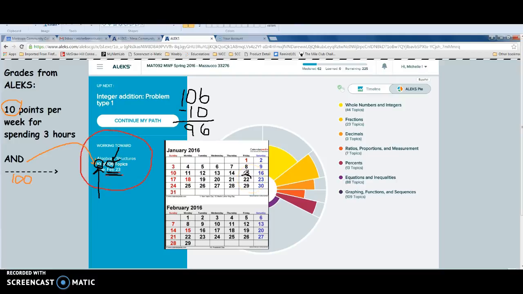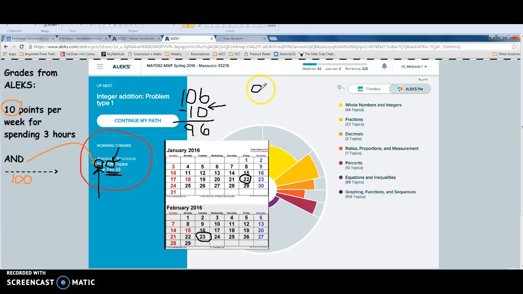And today, let's say, is January 22nd. If it's due February 23rd, if we count how many days that is, we would get 33 days. So this particular person, after you take the 10 off, has 96 topics to do in 33 days.